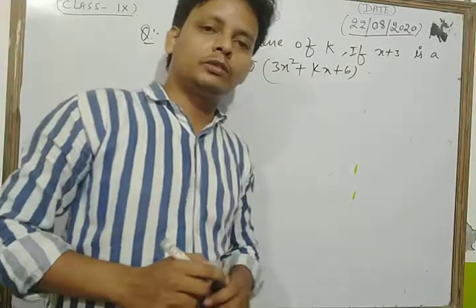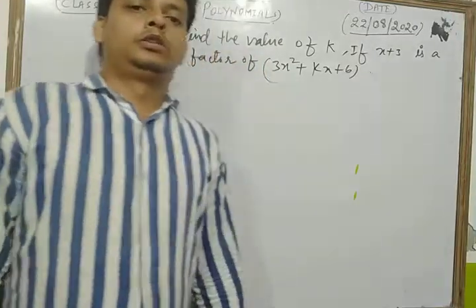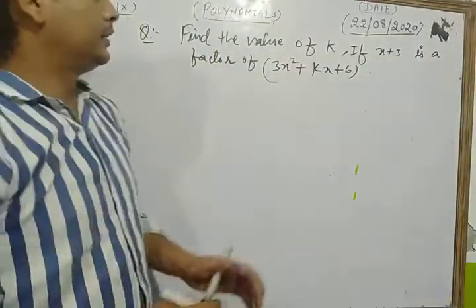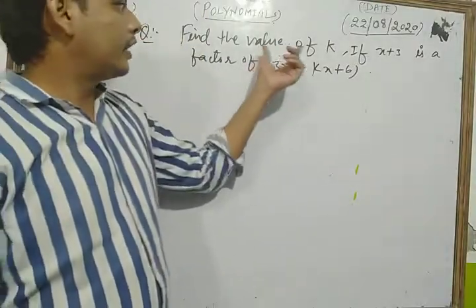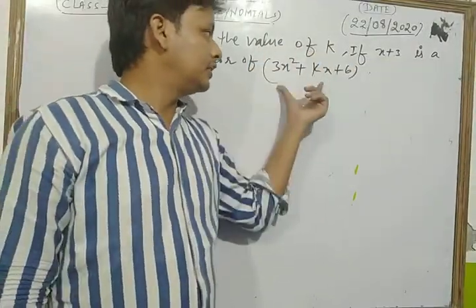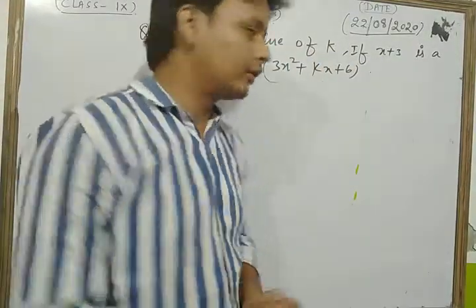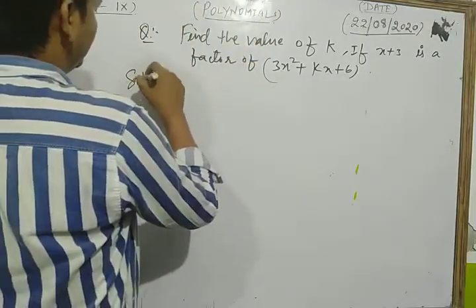Dear student, this is one of the most important questions of your syllabus. So please see carefully. Here we find the value of k if x plus 3 is a factor of this. Dear student, first of all, let's see its solution.